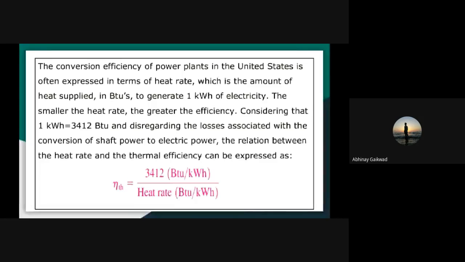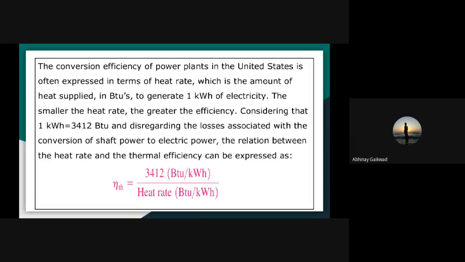Now once again I repeat, this is an ideal Rankine cycle for the vapor power cycle, or steam power plant or thermal power plant, and this is modified by implementing some assumptions in the Carnot cycle. We have modified it into the Rankine cycle. Again, to make it possible in practice, we have to assume some points also.